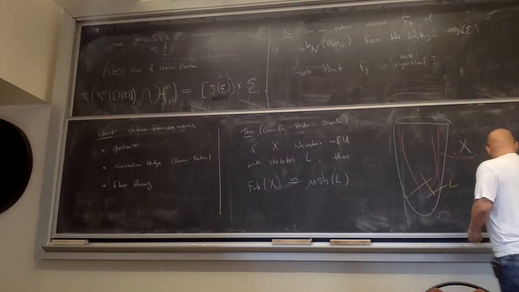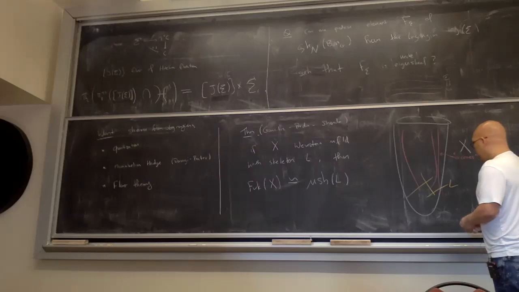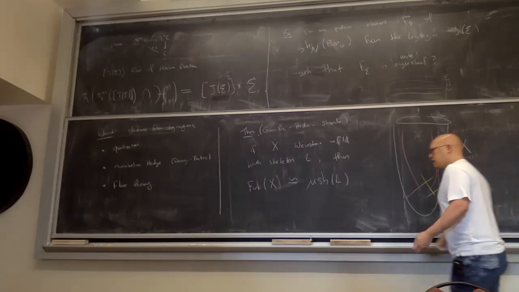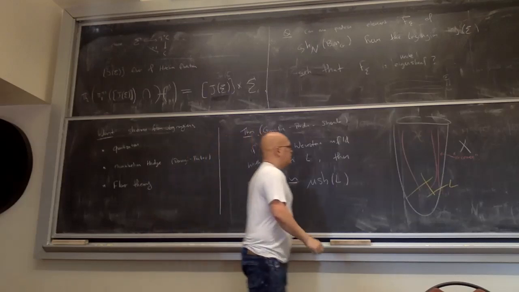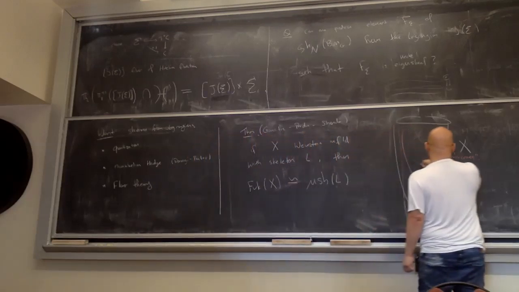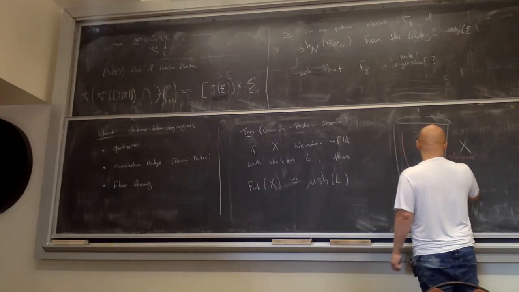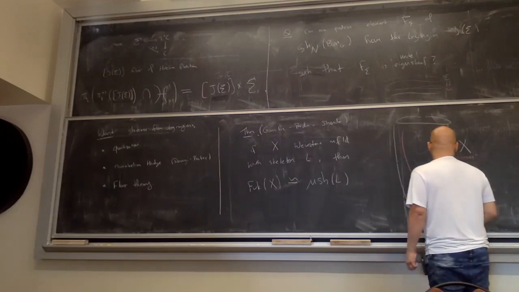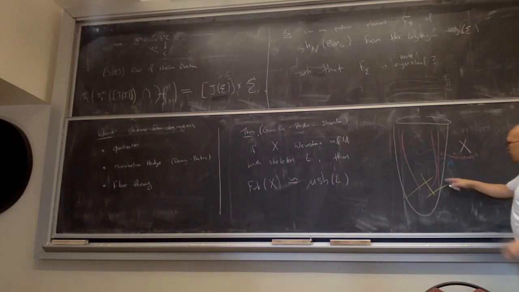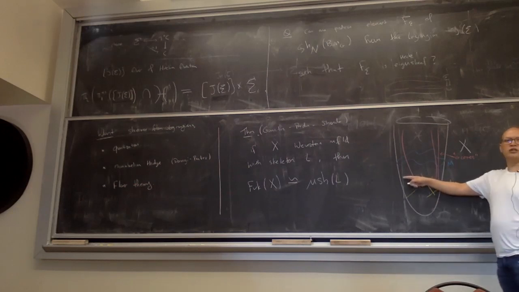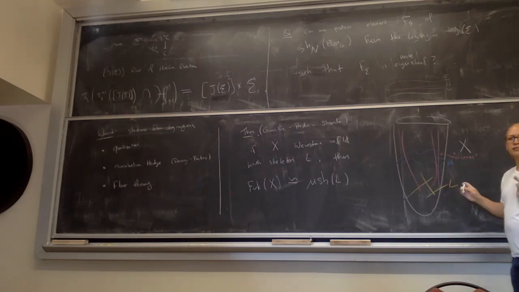And roughly speaking, given some Lagrangian M, you produce the microsheaf on L by testing it against these co-cores. That's roughly speaking.